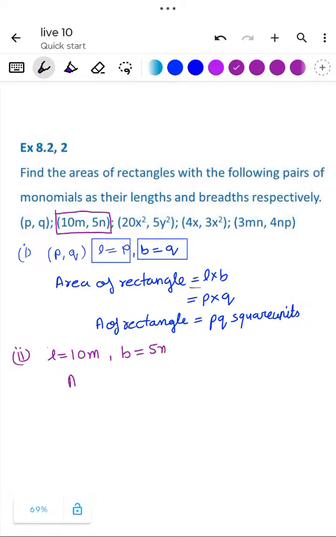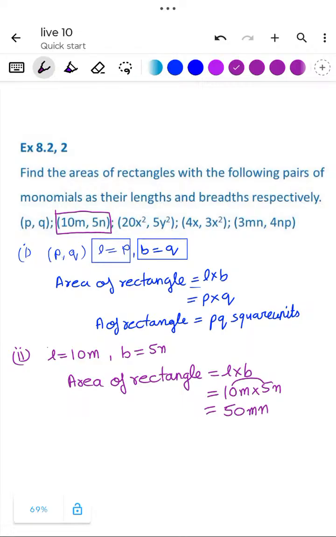So the area of this rectangle will be equal to L into B. L is 10m and B is 5n. So this is equal to, we will multiply the digits first, so this will be 50mn square units.